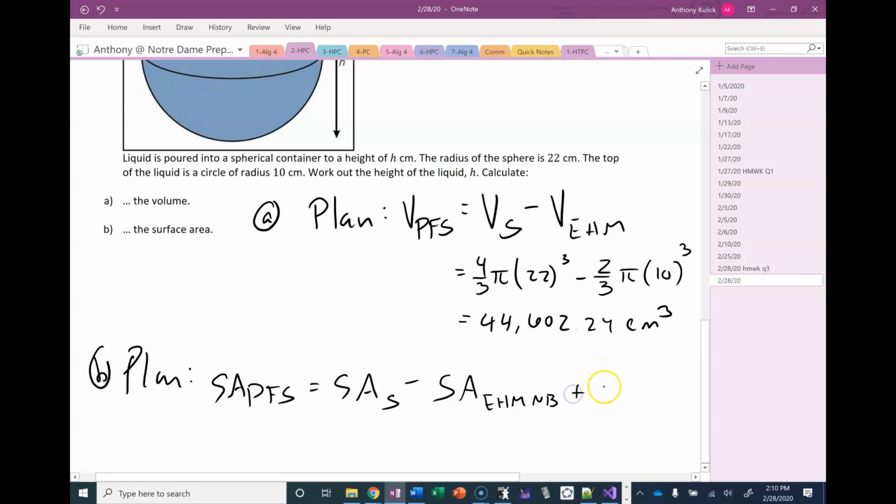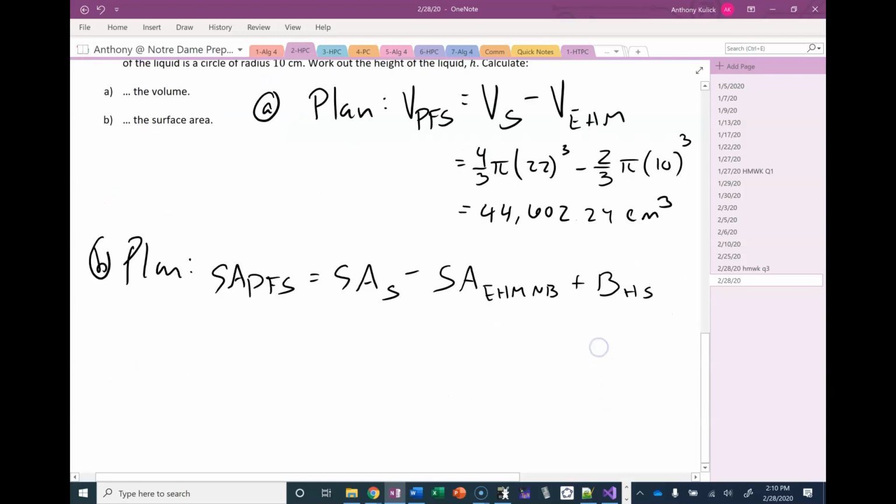And then I have to add on the base for the hemisphere. Right, because the circle on top of that partially filled sphere still counts as a surface, right? Is that okay with that plan? Okay.